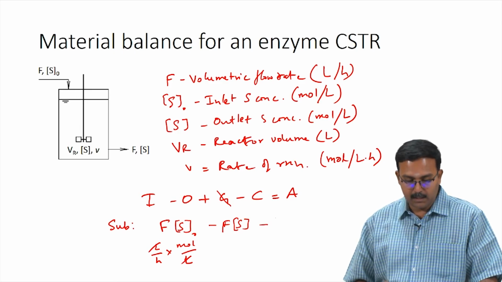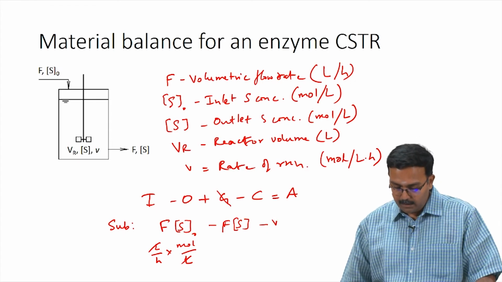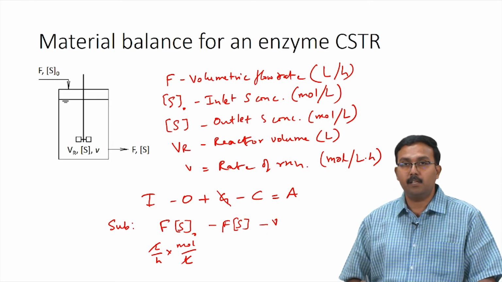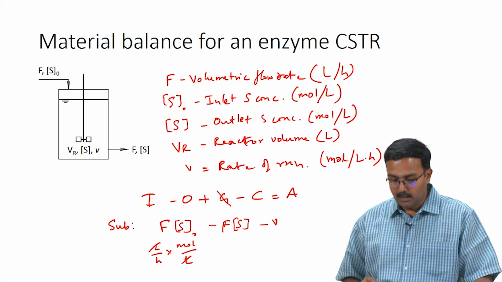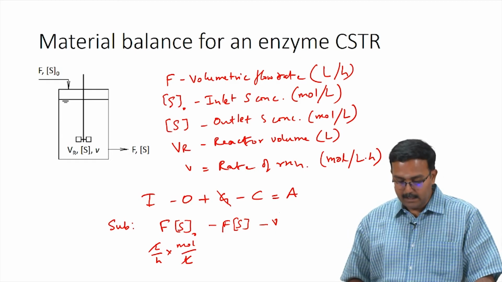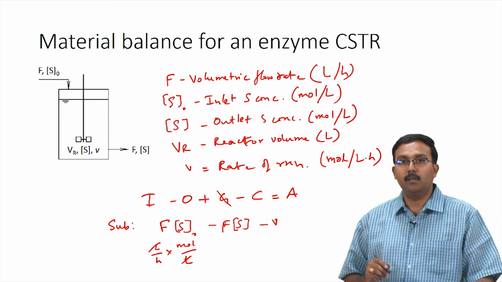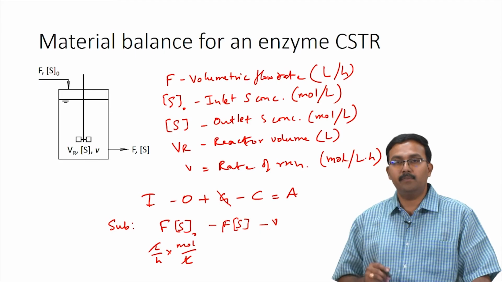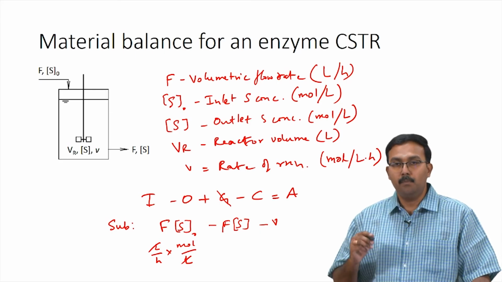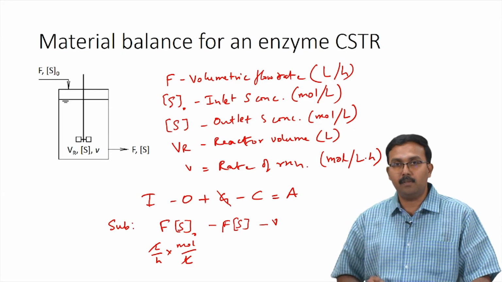Now, you have to write a consumption term. We know the rate of consumption, which is V. This rate is given in moles per liter hour, and we need the term to be in moles per hour, and this rate is with respect to the volume of the reactor. So, the number of moles of the reactant consumed per liter of the reaction volume per hour is the rate of the reaction given.